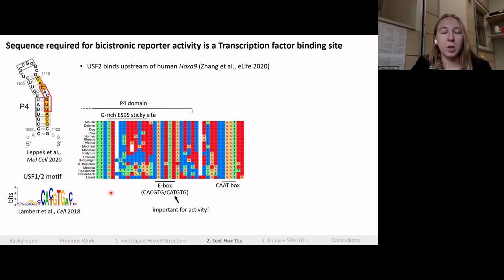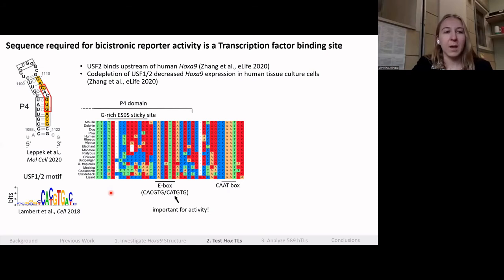Interestingly, previous work showed that the USF2 transcription factor binds upstream of HOXA9 in the human transcript leader. And another study found that co-depletion of USF1 and USF2 decreases HOXA9 expression.